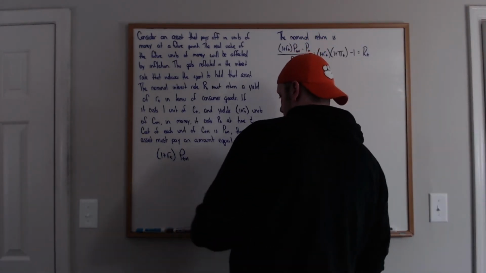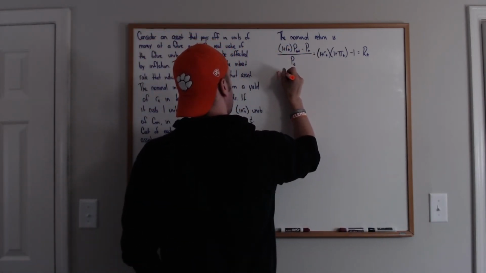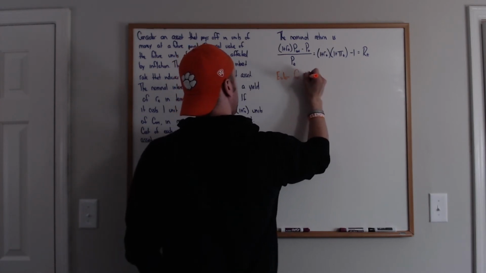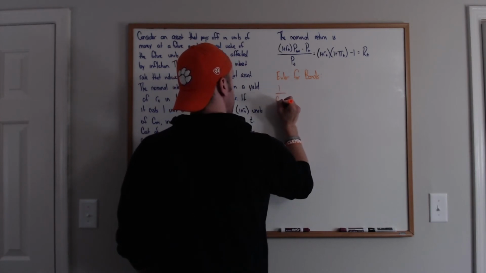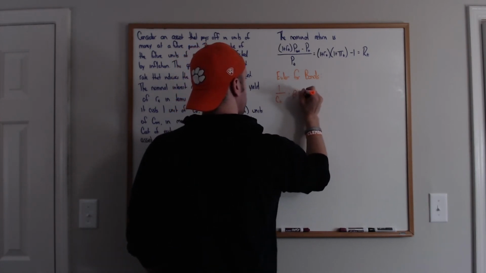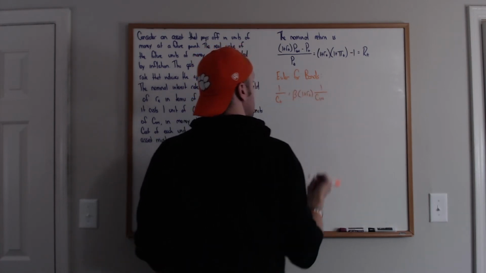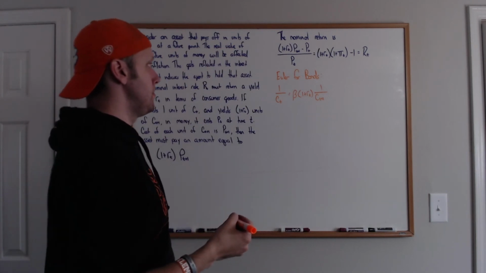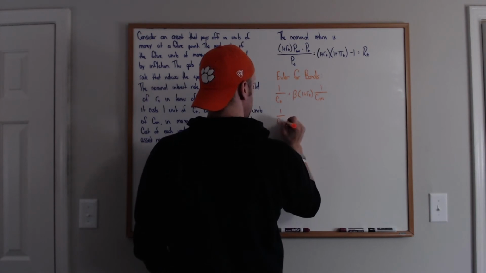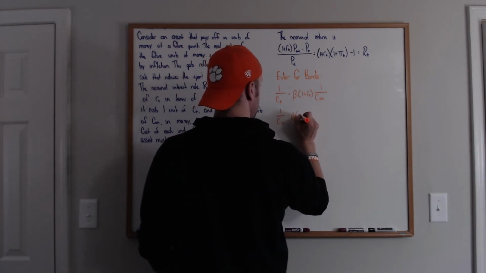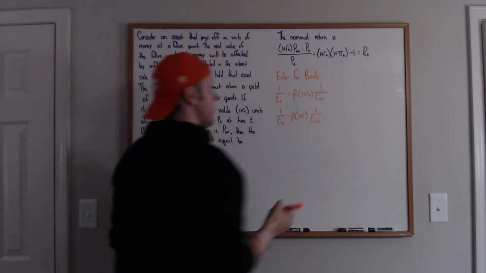Now, let's think about the Euler equation for bonds. Well, it was this. In the steady state, I get this right here.